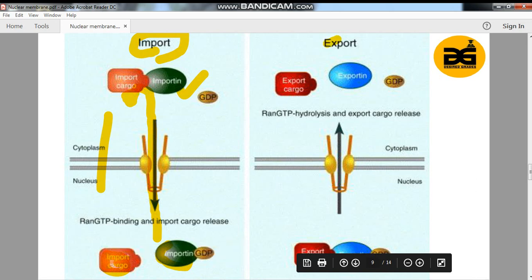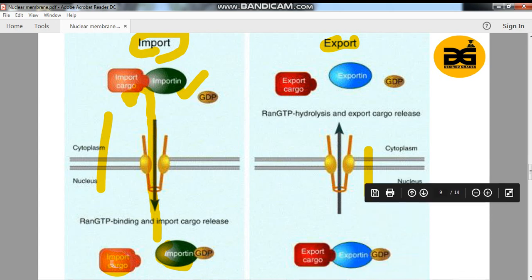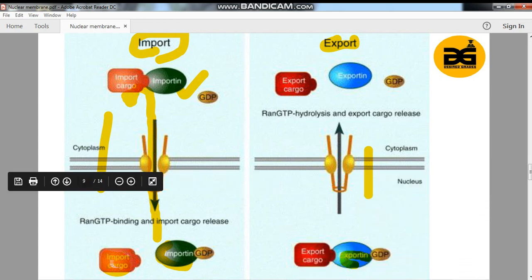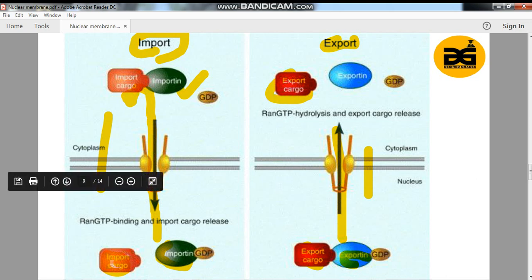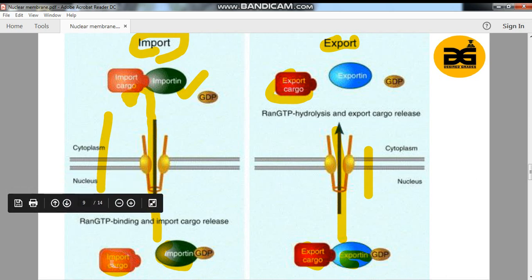While if something has to be exported from the nucleus to the cytoplasm, the exportin will be present, and this exportin will carry with it the export cargo. It means it carries the molecule outside the nucleus to the cytoplasm and releases the export cargo into the cytoplasm. The whole mechanism we will learn in the next video soon.